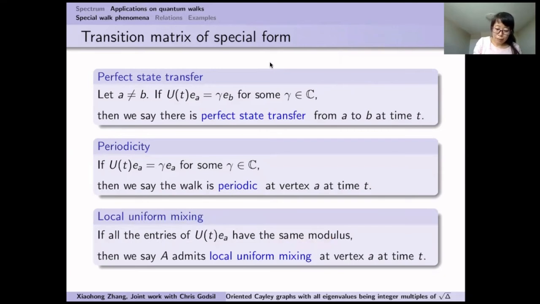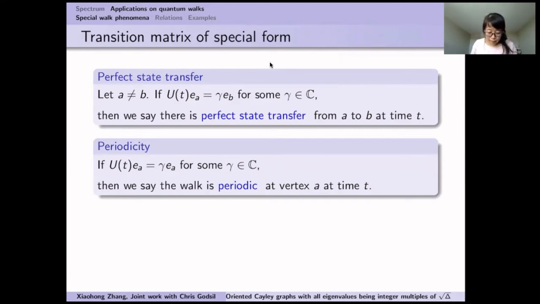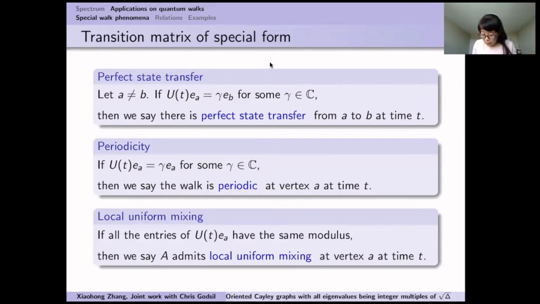As we mentioned earlier, we define quantum walks on Hermitian matrices, but the adjacency matrix of an oriented Cayley graph is skew-symmetric.